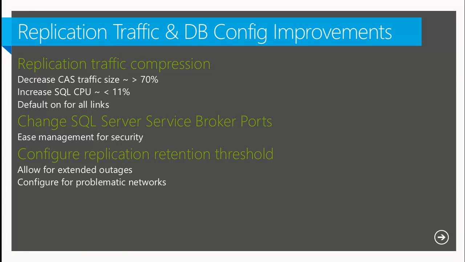However, we realize that there are some links that may, even in scenarios where we might be putting up new networks, or you might have some construction going on that'll bring a network down for a lengthier amount of time, and you can up the replication threshold, the retention threshold for those purposes.